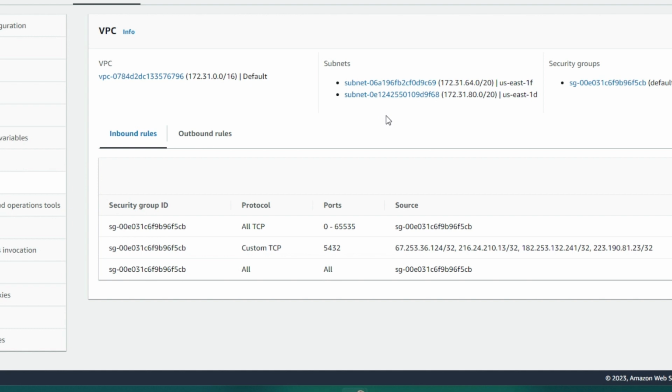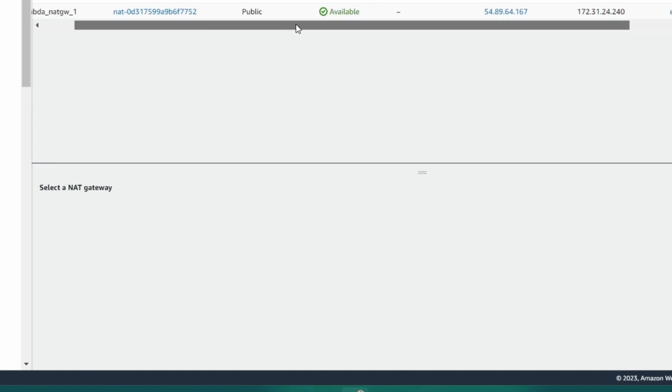It was apparently because the Lambda function did not have internet access. So I had to give access to the Lambda function through a NAT gateway. I had to create a NAT gateway under the same VPC which was available to the Lambda instance.